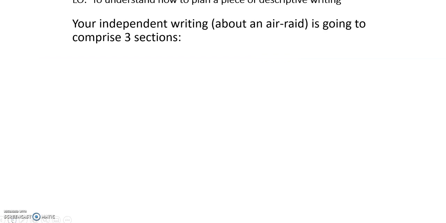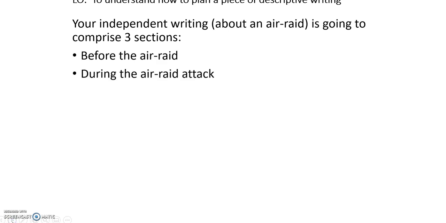Okay, so your independent writing, what we're building up to, your independent writing about an air raid is going to comprise 3 sections. Before the air raid, during the air raid attack, and the aftermath, so what the place looks like after the attack.